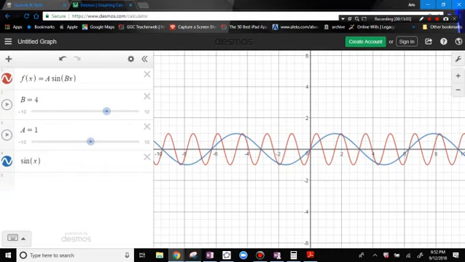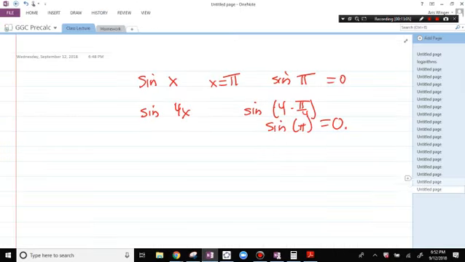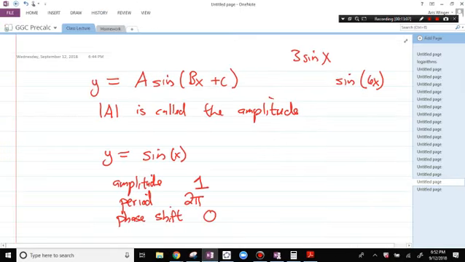That's the formula. The period is 2 pi over b. So when b was 4, it was going to repeat every pi over 2 units.